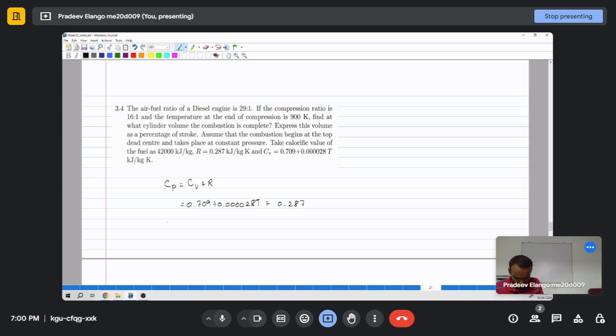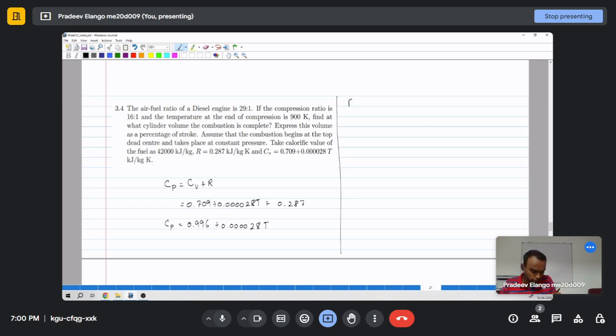So Cp is equal to 0.709 plus 0.287, so this is 0.996 plus 0.000028 into T. The air fuel ratio is given as 29.